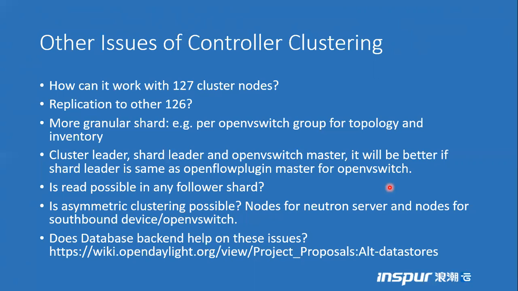Another issue is I also discussed with Robert: can we set up ODL cluster in asymmetric mode? That means maybe one node is for northbound and southbound, some other nodes are for southbound only. For that case, maybe we can improve something.